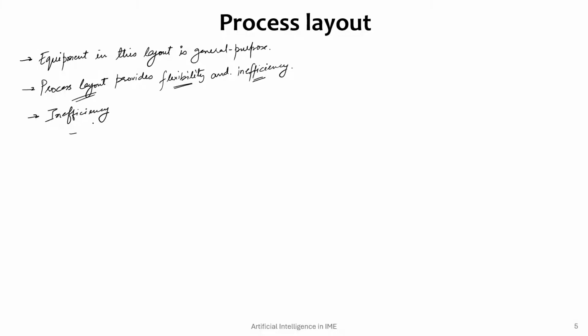So, the first could be no order of job flow. Frequent backtracking. So, backtracking is a process where again you repeat the same process that you have already performed after completing that process and other different processes. So, you take your part and go back to the same section again, right.